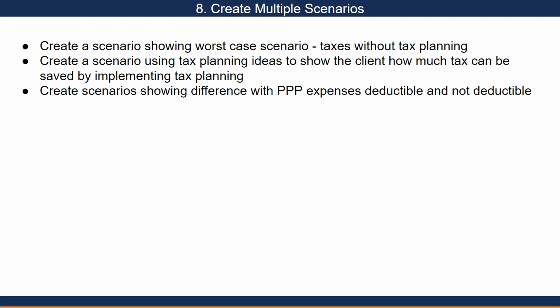Quick example on that, I did run a projection for a client. They had $30,000 of income in their business, and they had these PPP loans. The tax on that $30,000 of income was virtually nothing.